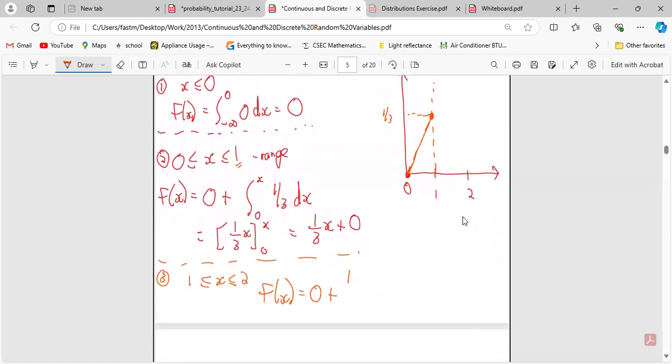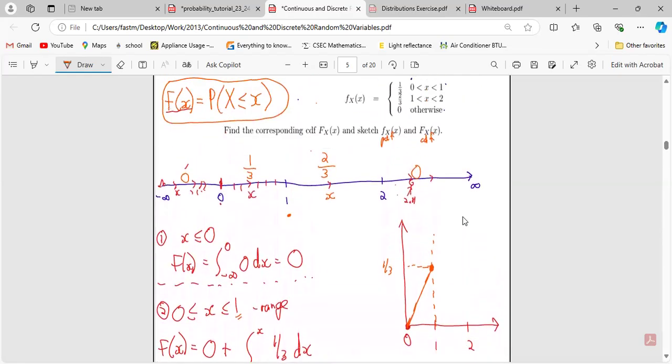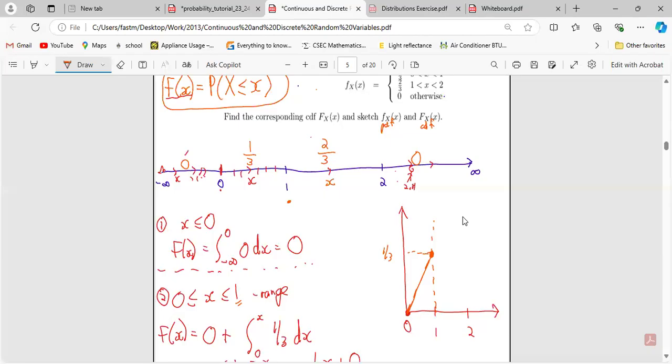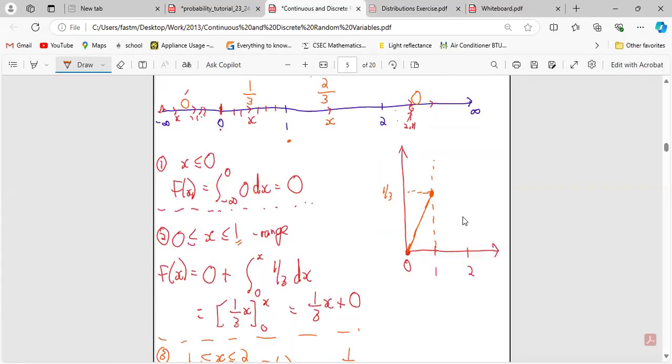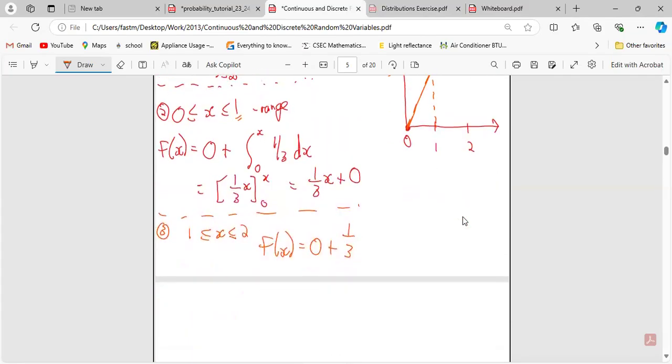I don't need to integrate that piece, because I know the max area I can get there is 1/3. And then if x is in between 1 and 2, we're going to integrate between 1 and x, because remember, x could be anywhere in between 1 and 2. So I'll be integrating 2/3. So we plus the integral from 1 to x of 2/3 dx.